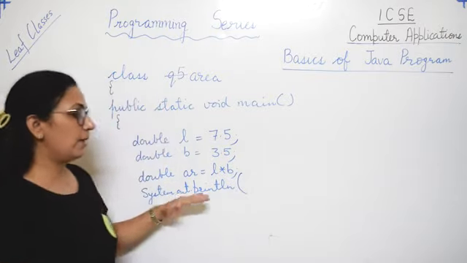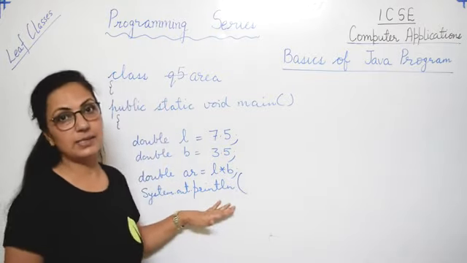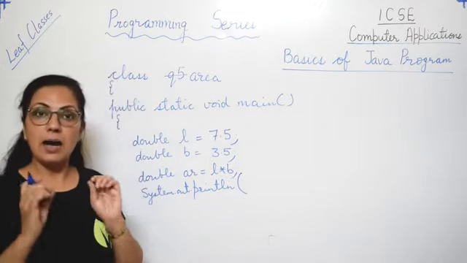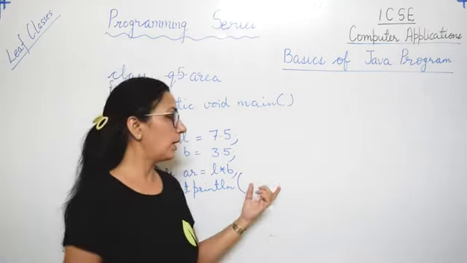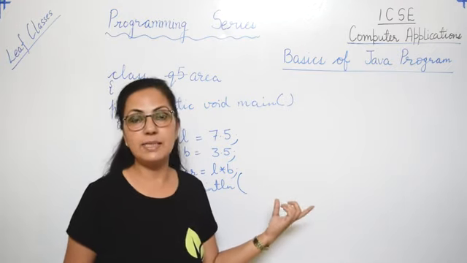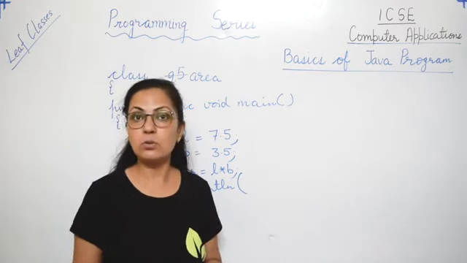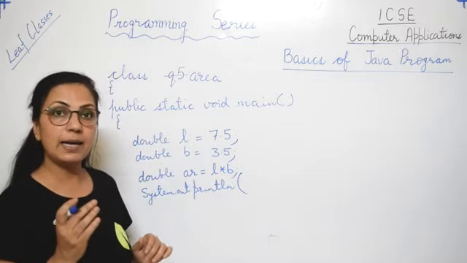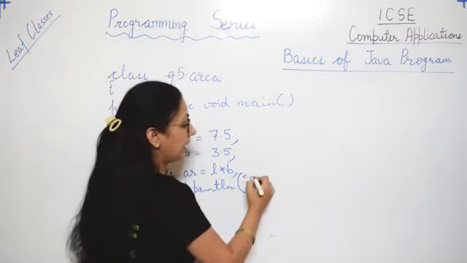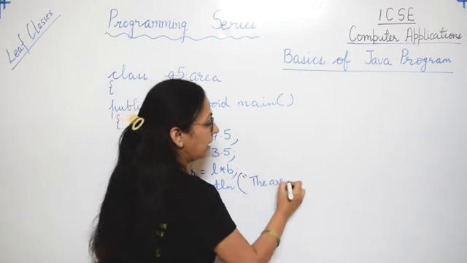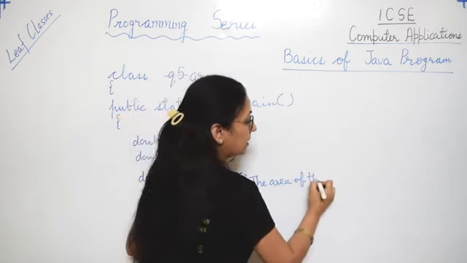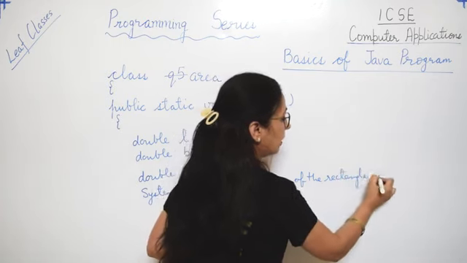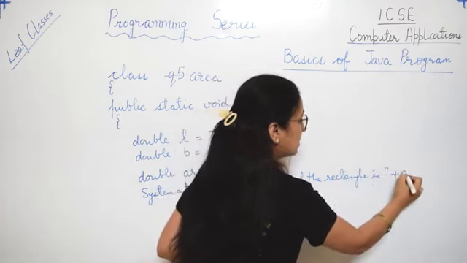Now always whenever you are writing the print statement for displaying the output, I would again suggest you to give the message, what you are going to show to the user, right? So here we want to display the area. So I can write the message like this: the area of the rectangle is, and plus AR.